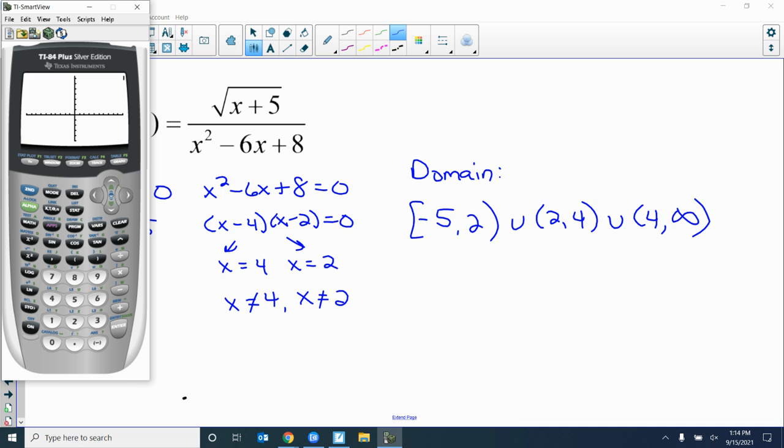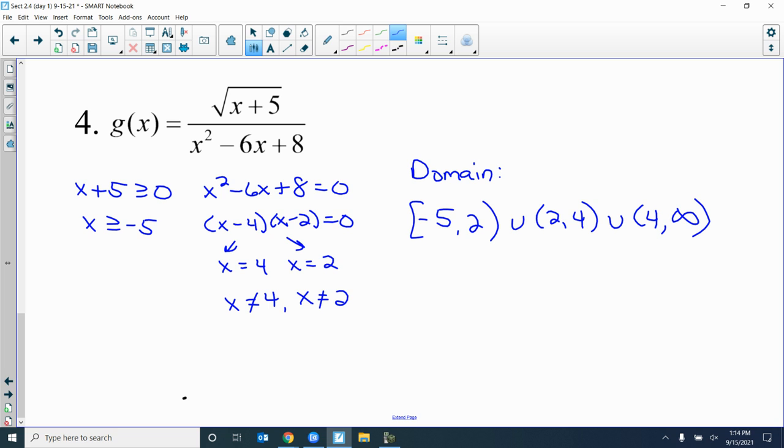All right, so you've got one piece, then you've got this piece down below the x-axis, and you've got the second piece, or third piece. So you're going to have three pieces to this.